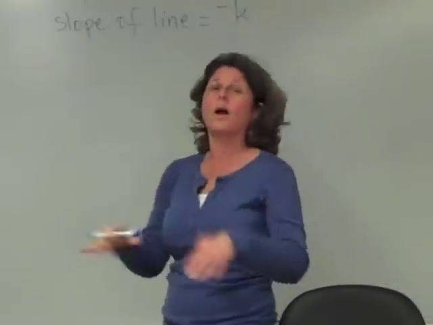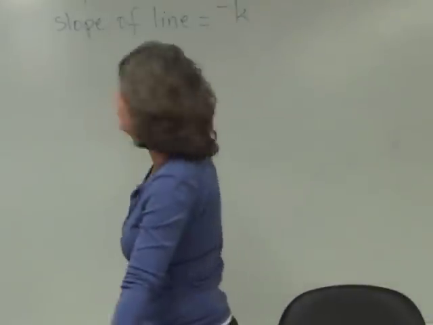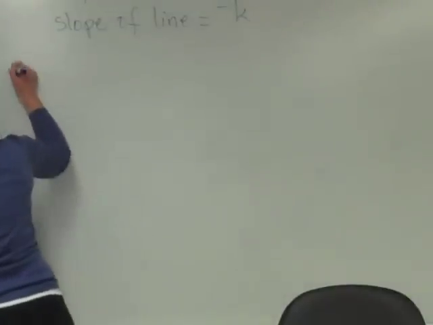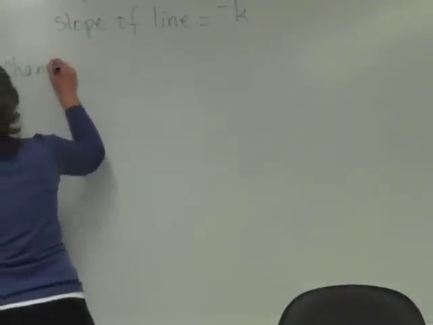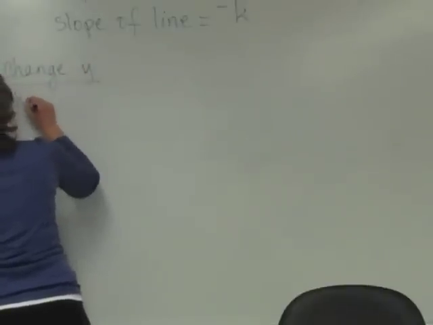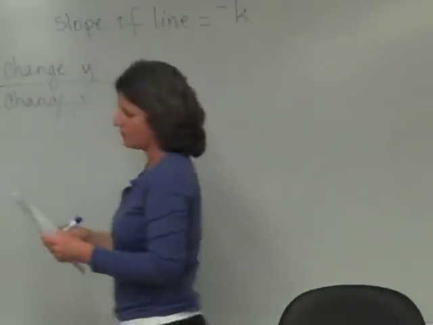How do we find slope? How do we always find slope? It is change in y over change in x. There's nothing new about it. Change in y over change in x, the rise over the run.